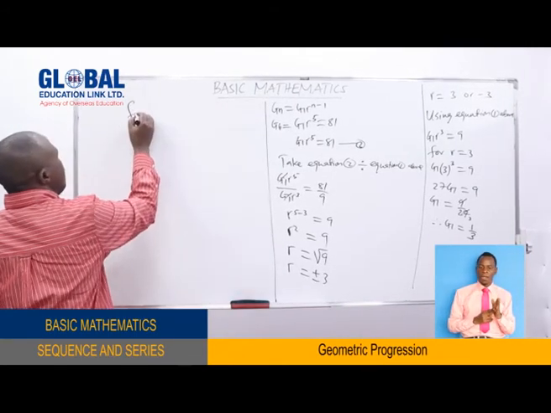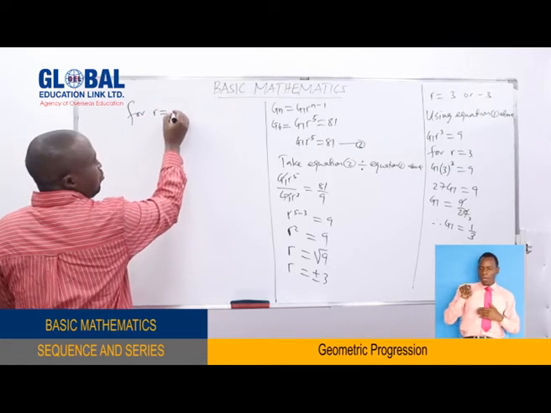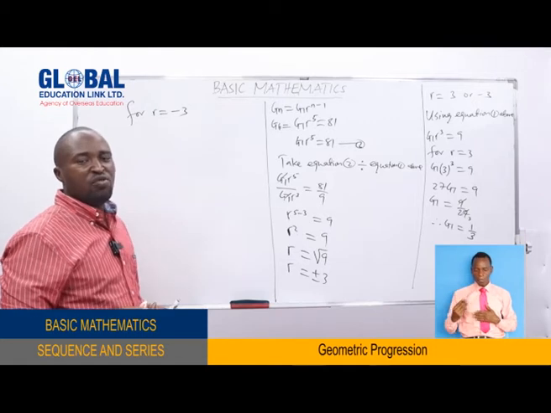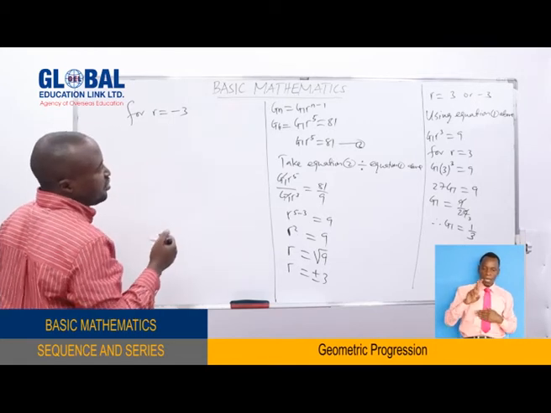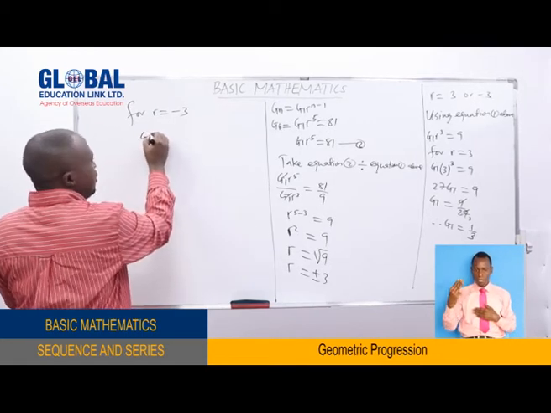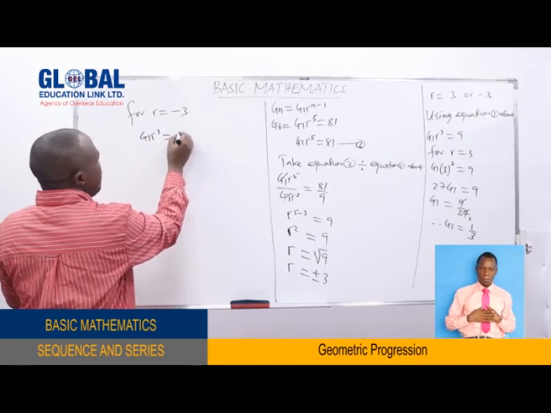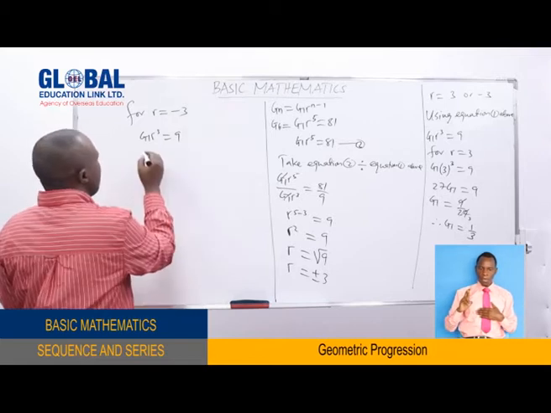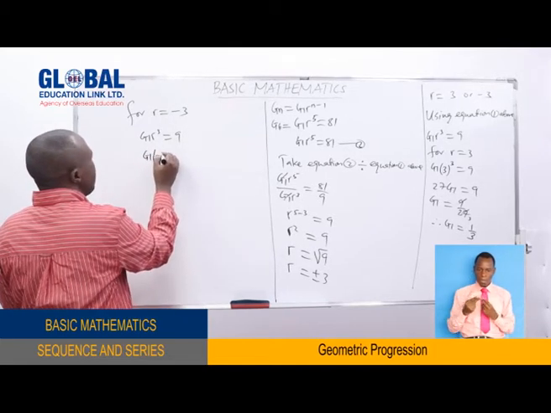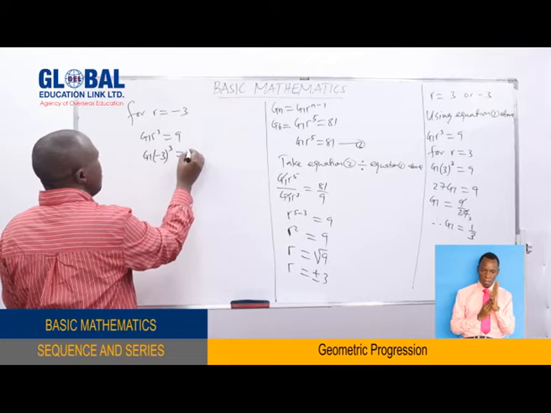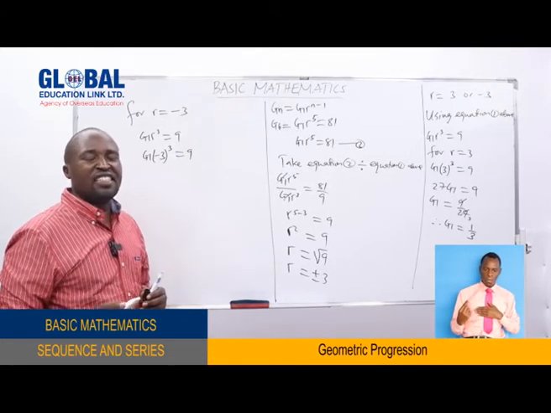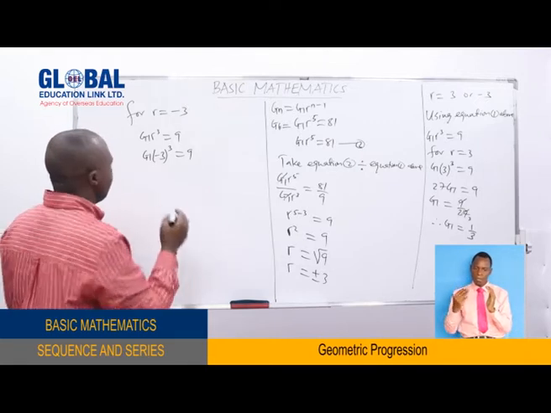That is for R is equal to negative 3. Now using the same equation, that is equation 1, we have G1 R power 3 is equal to 9. This time R is negative 3. So we have G1 times negative 3 power 3 is equal to 9. So negative 3 power 3, that is negative 27.